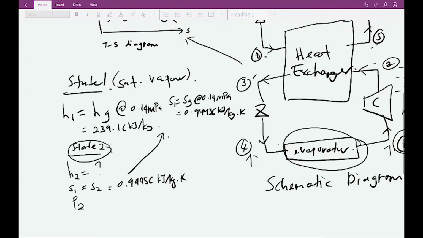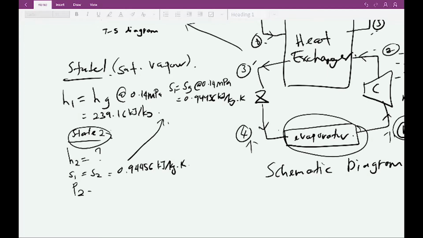So we should use the heat exchanger pressure, which is 0.32 MPa. Now we get these 2 intensive properties, entropy and pressure.